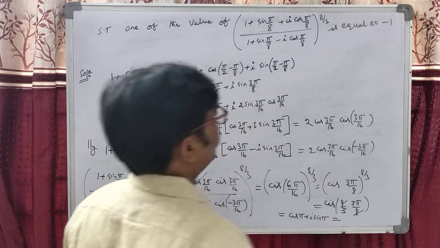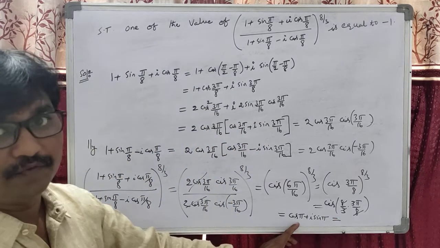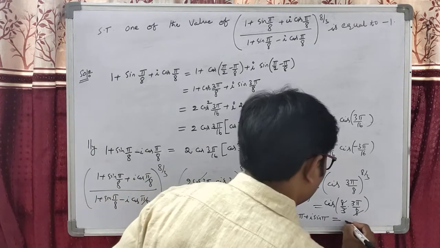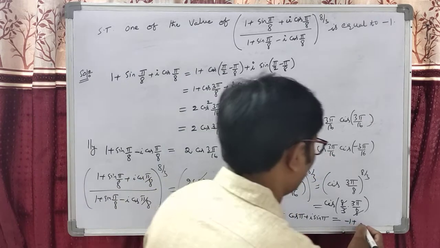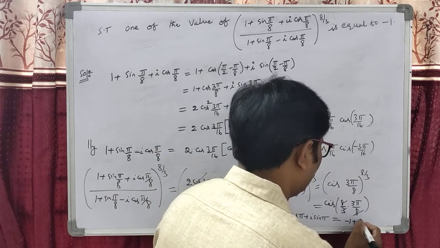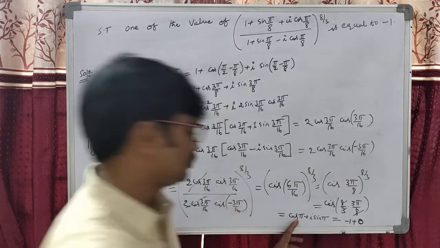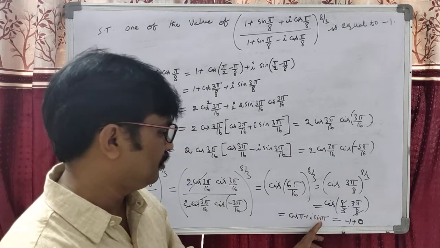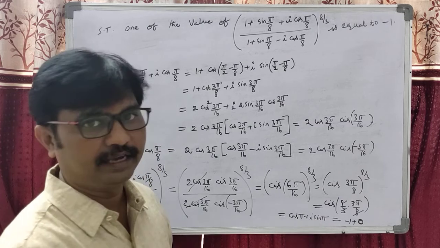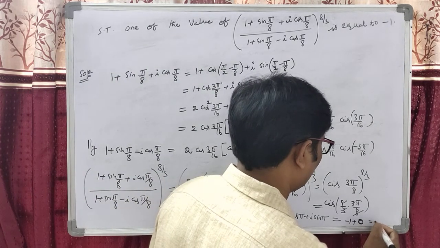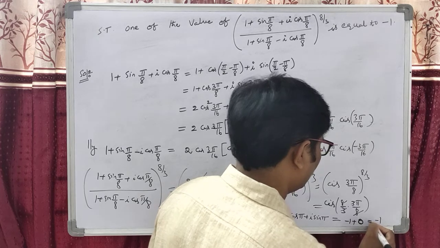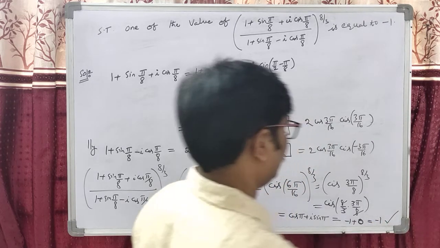The value of cos π is -1, the value of sin π is 0, and 0 into i is 0. Now this is equal to -1. Write down, this is equal to -1.